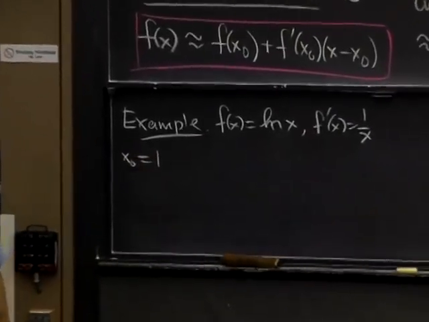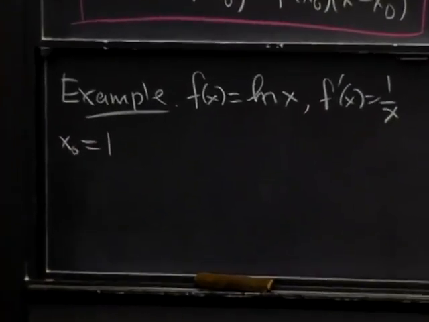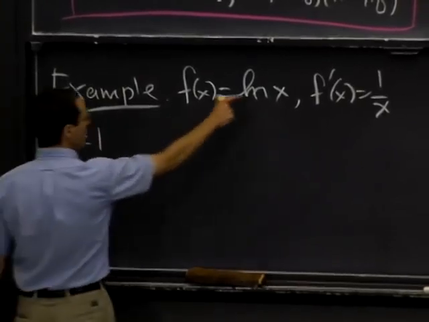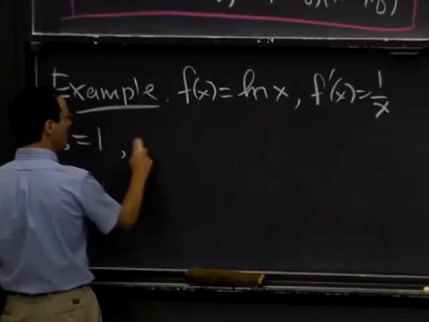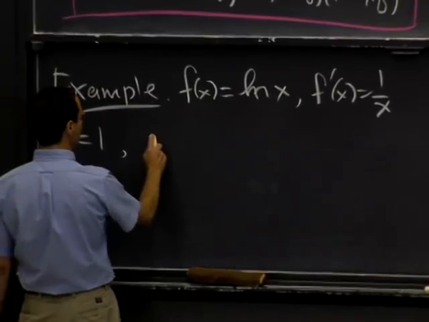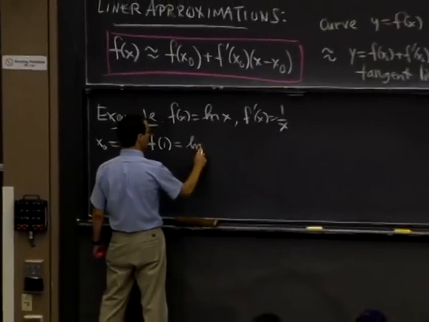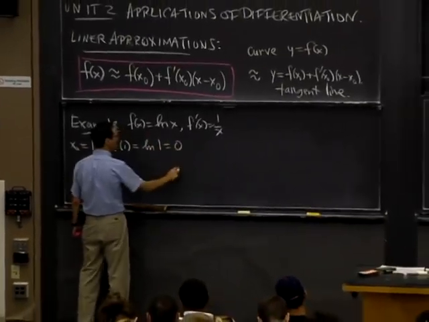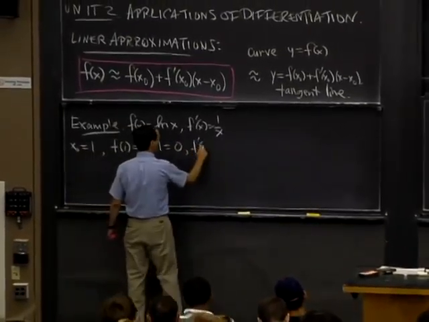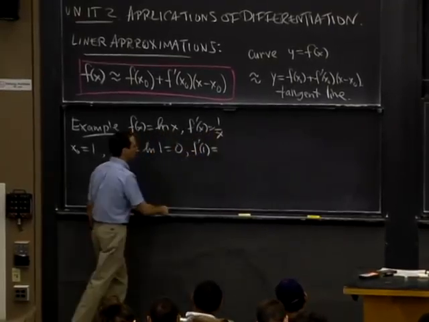That's pretty much the only place where we know the logarithm for sure. So what we plug in now are the values. f of 1 is the log of 1, which is 0. And f prime of 1, that's 1 over 1, which is 1.